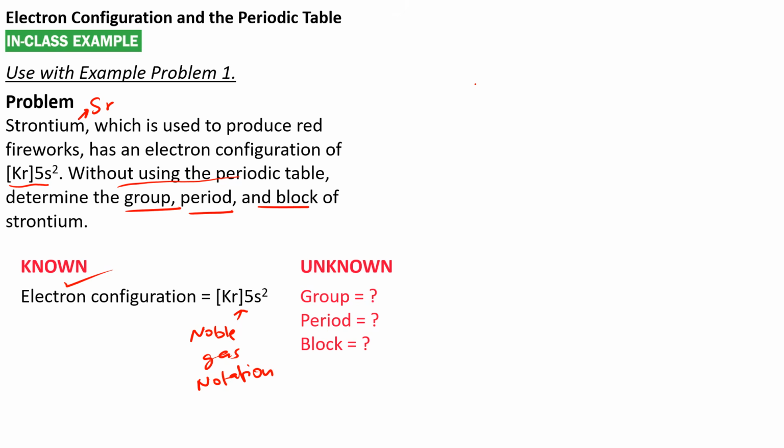So we have a look at Kr 5s2. Remember the rules of noble gas notation. We always said that this number here is going to be the period because it's the highest number here, right? So the period is going to be period 5. Now, this is the highest period, so this is the number of valence electrons.